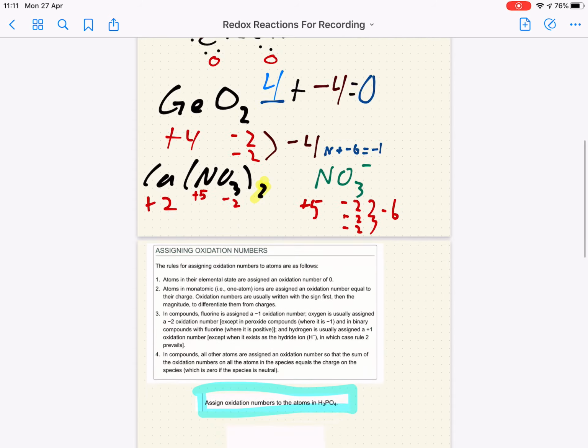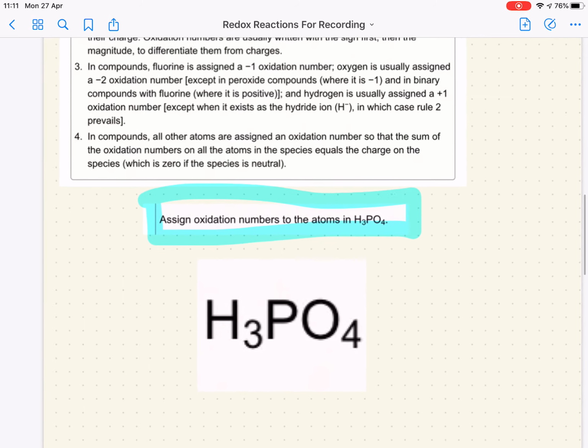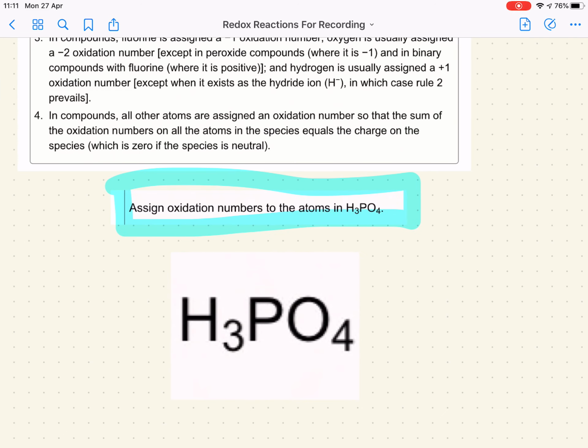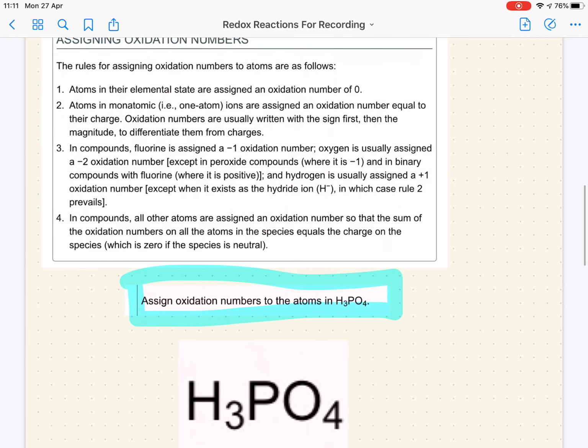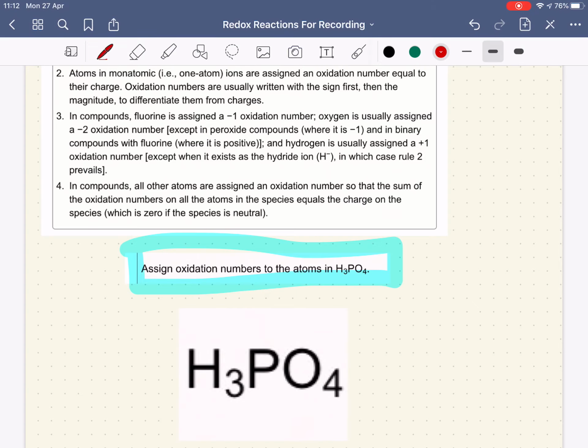Okay, let's do another example here. I encourage you to pause the video for a minute and try this one out on your own before I show it to you, okay? Here we've got phosphoric acid, H3PO4. We want to know the oxidation number of hydrogen, the oxidation number of phosphorus, and the oxidation number of oxygen.